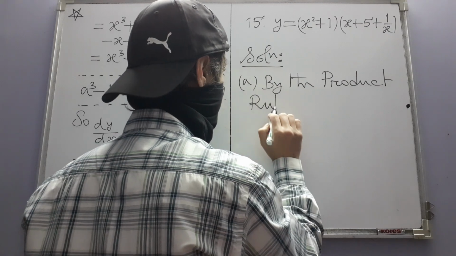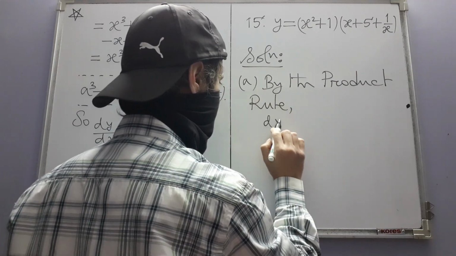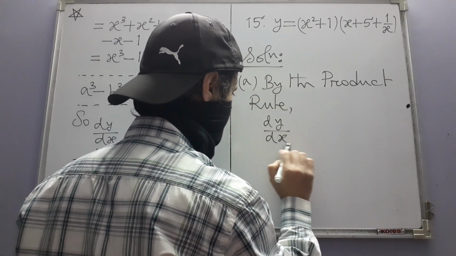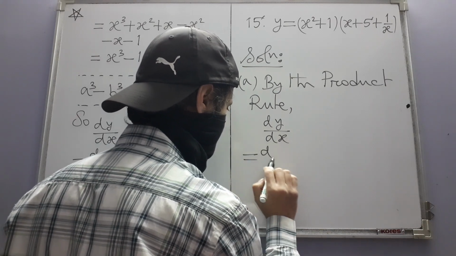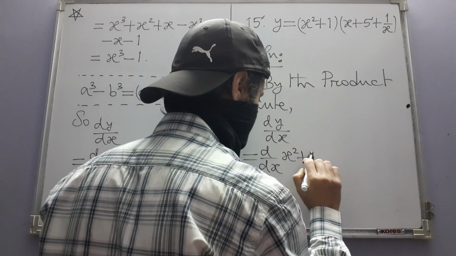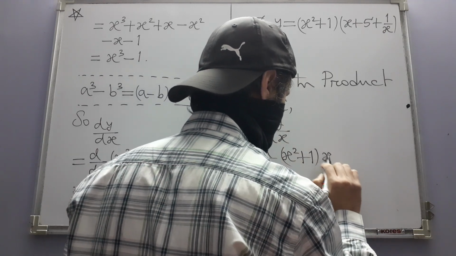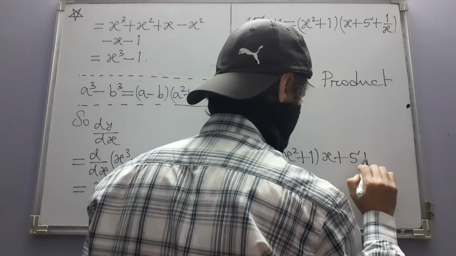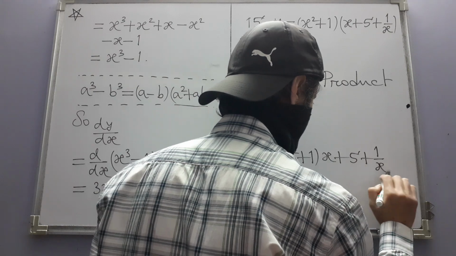By the product rule, dy dx is x plus 5 plus 1 over x.